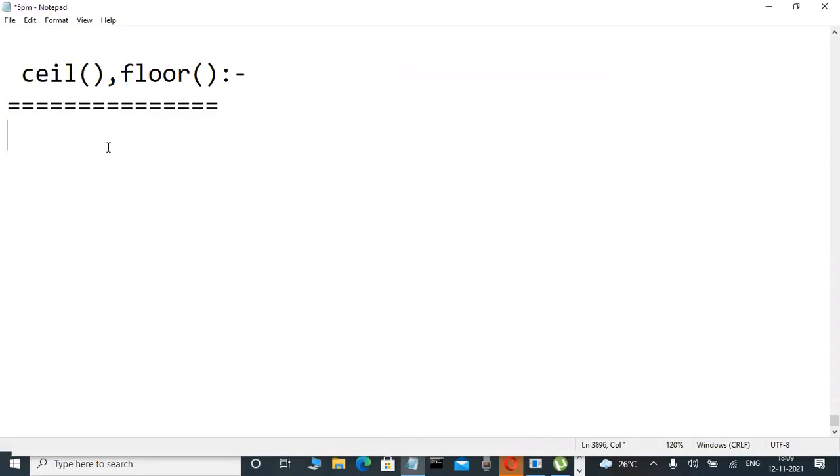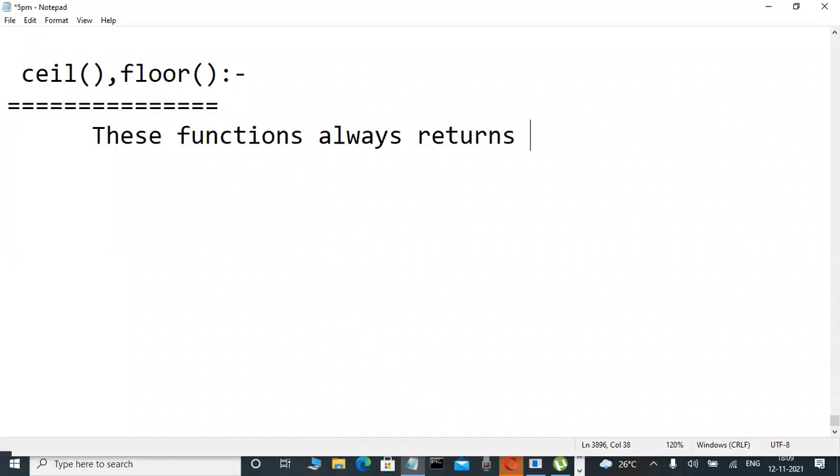Write it: CEIL, FLOOR. These functions always return integers. Integers means not floating point values.